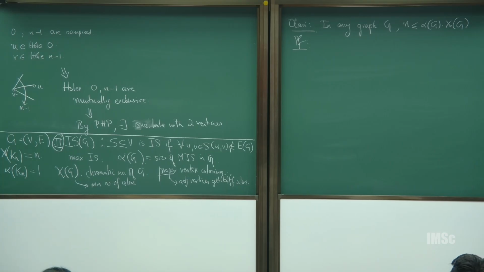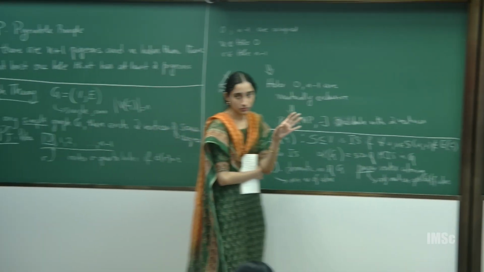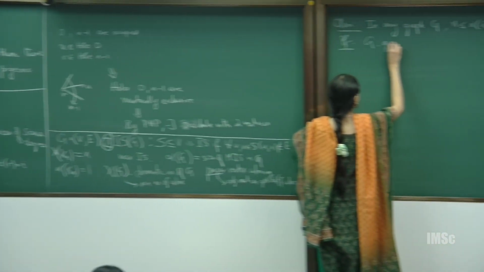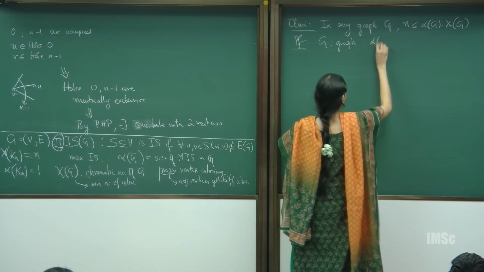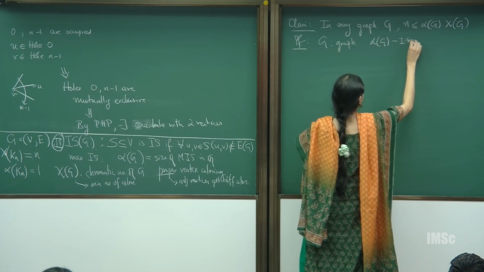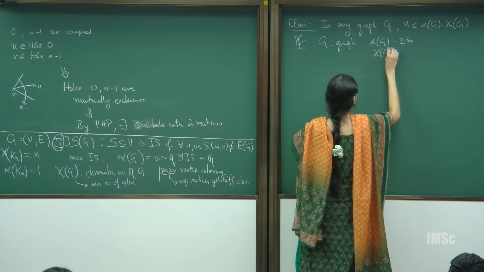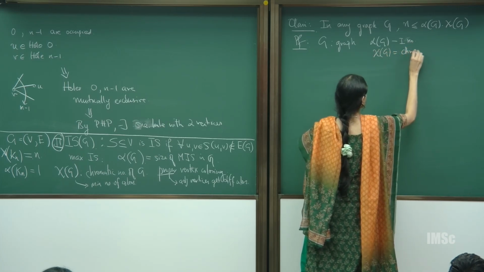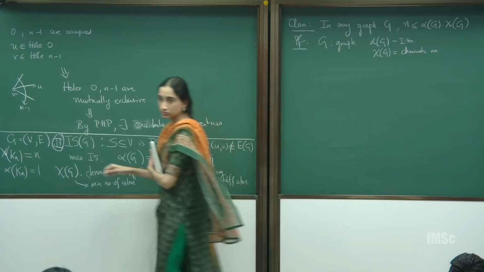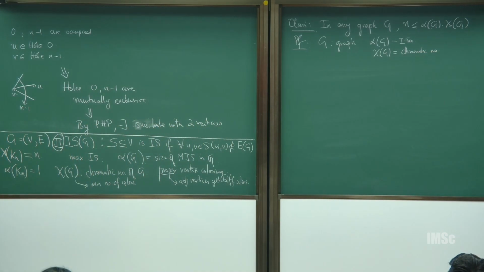G is a graph, alpha of G is the independence number, and chi of G is the chromatic number. Each color class, the vertices receiving the same color, will be an independent set. Correct. So that is the intuition.